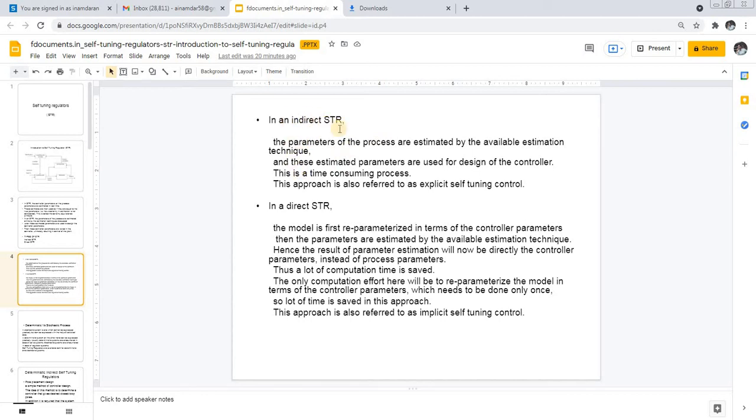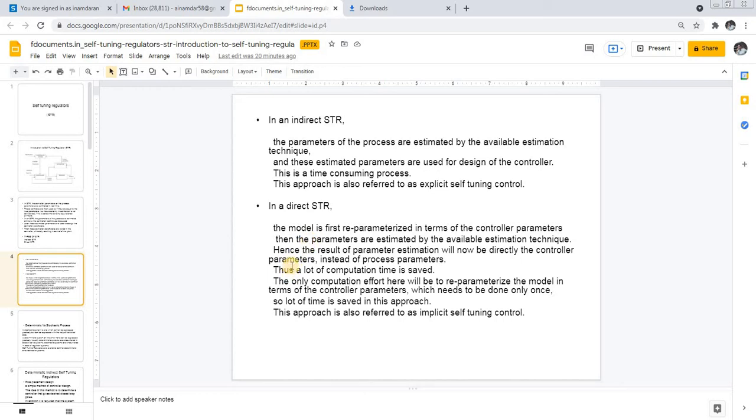It is a time consuming, iterative process and high computational time is required for this process, and this approach is referred to as explicit self-tuning control. On the other hand, direct STR is a very low computational technique, meaning it requires very low computational time.